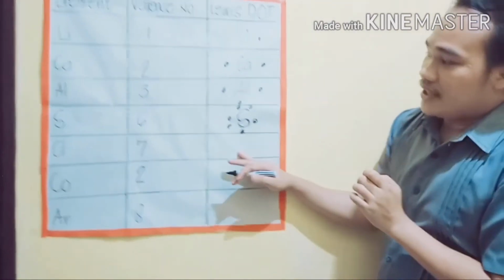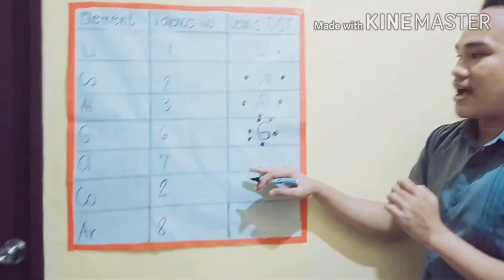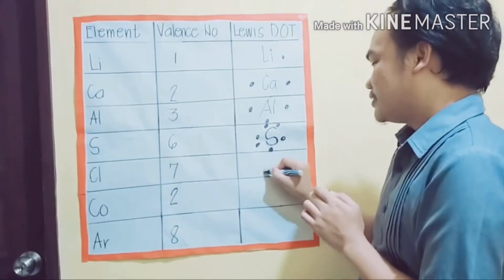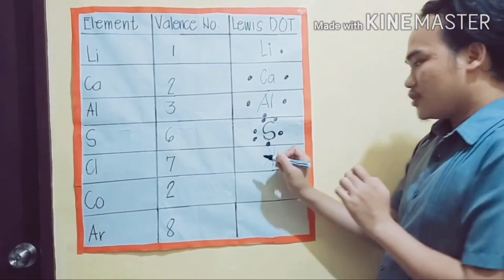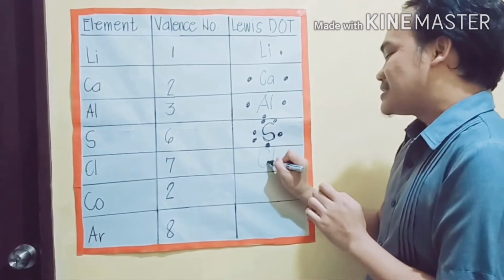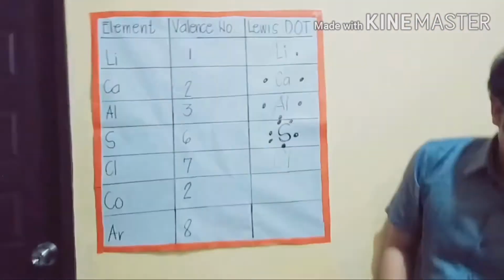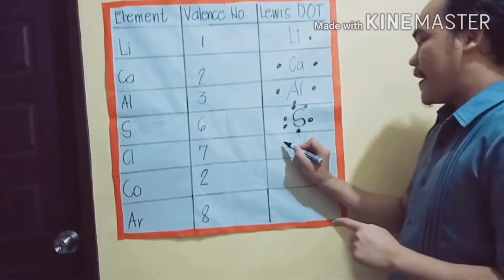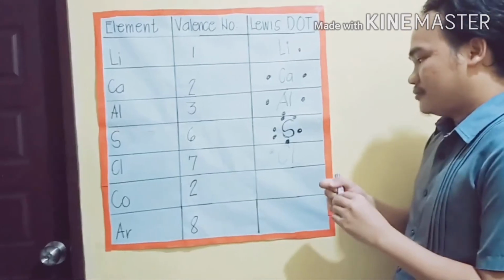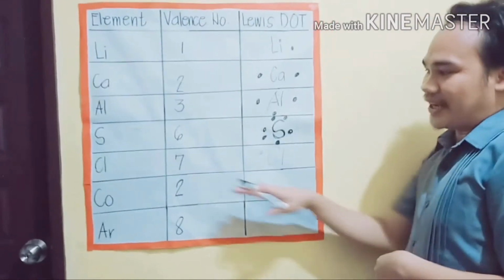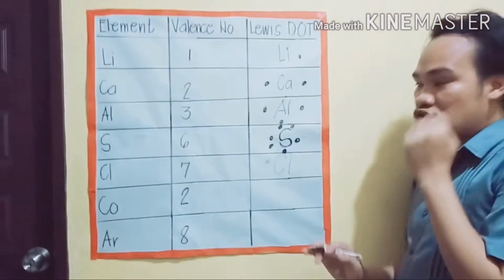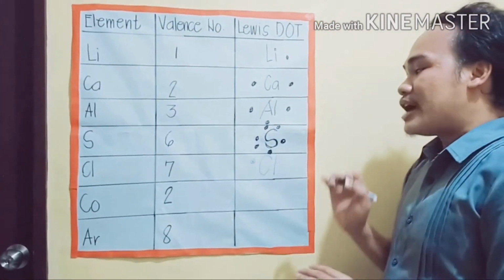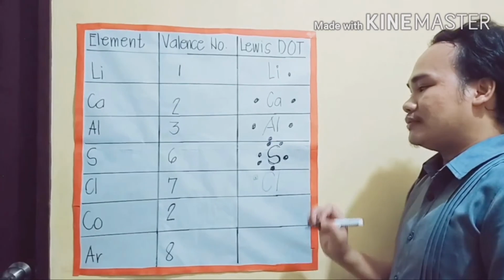Okay, number 5, we have chlorine, and the valence electron of chlorine is 7. Therefore, we are going to draw 7 dots around the symbol of chlorine.